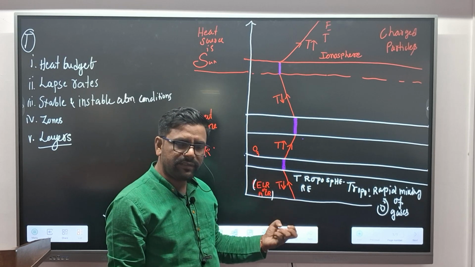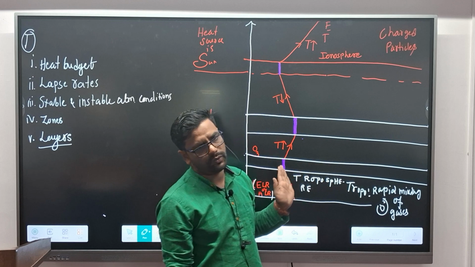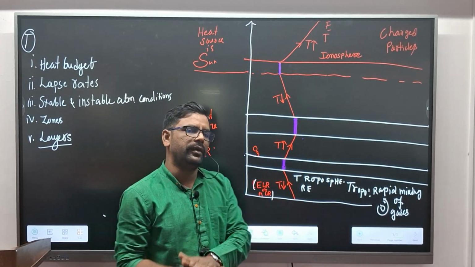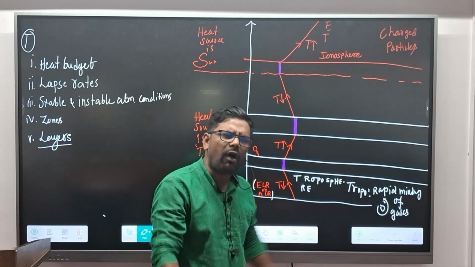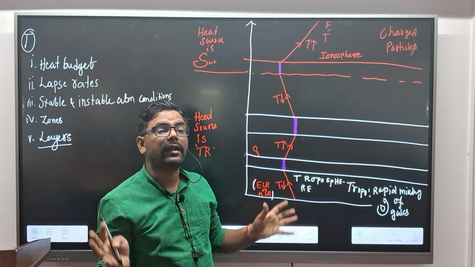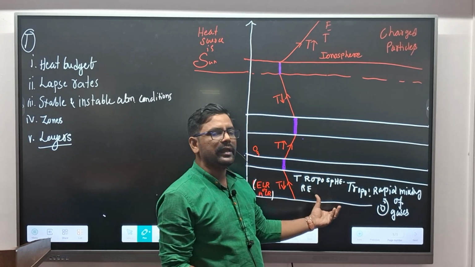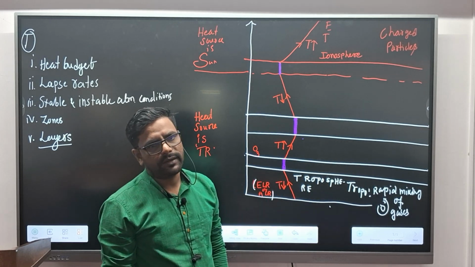Their genesis and decay can only happen in this zone. If I ask you where rainfall takes place, troposphere. Where cyclones take place, troposphere. All the weather-related or climate-related activities and mechanisms only take place in this zone. Clear, right?